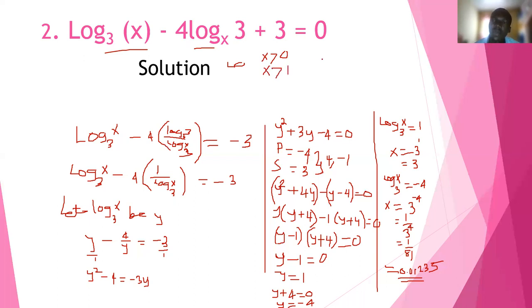So from this case, we can say it is from 0 to infinity, union 1 to infinity.